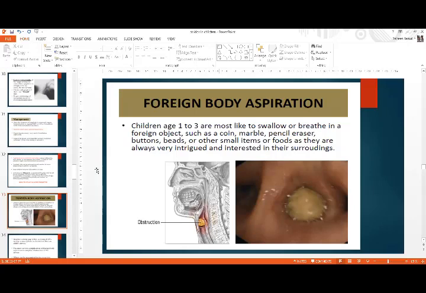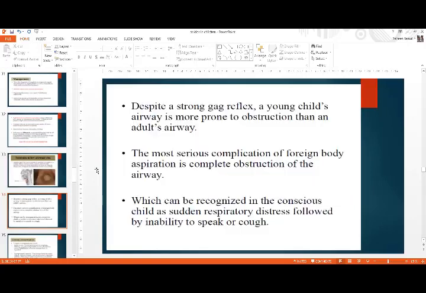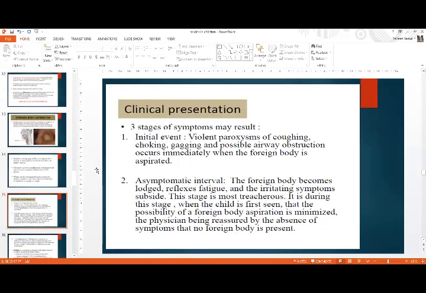Despite a strong gag reflex, the child's airway is more prone to obstruction than an adult's. So the more serious complication of a foreign body is complete obstruction of the airway, leading to severe stridor, which can be recognized by sudden respiratory distress followed by an inability to speak or talk. Clinically, there are three stages. The initial event is when there is a violent paroxysm of cough, choking, gagging, and airway obstruction.